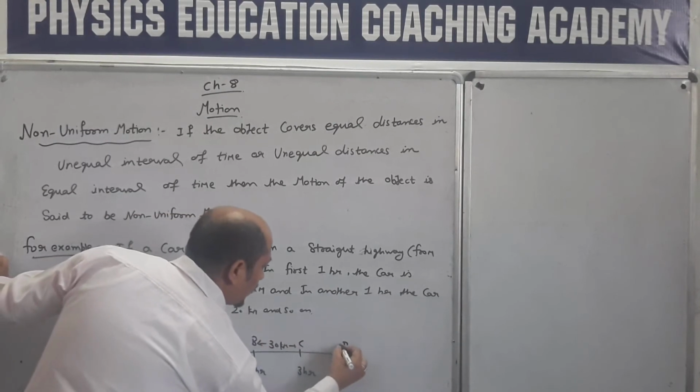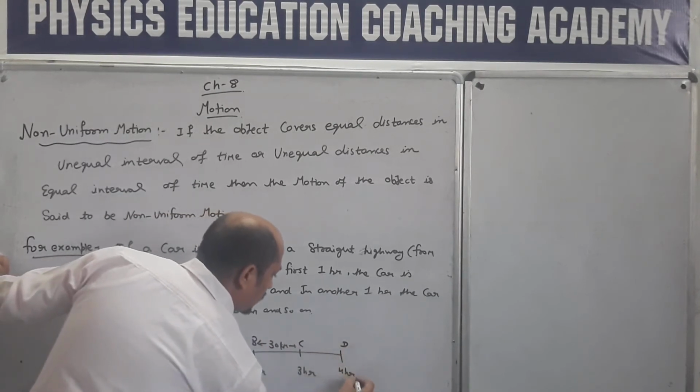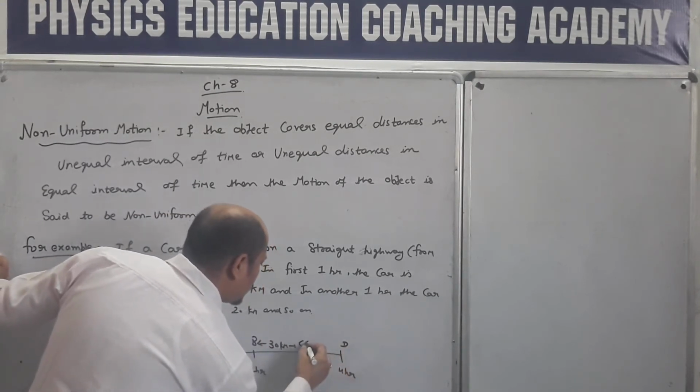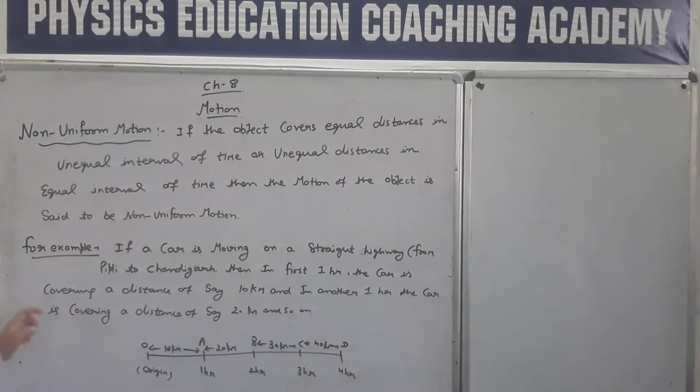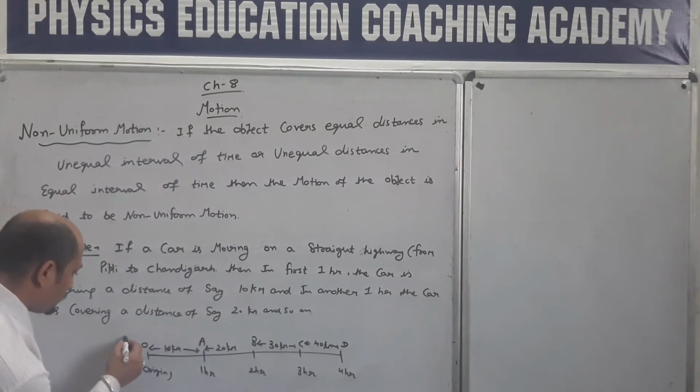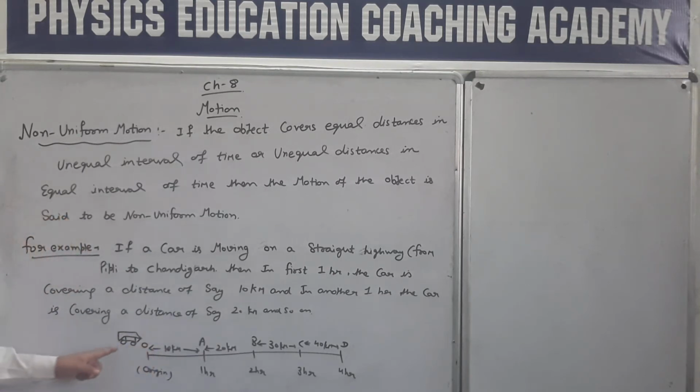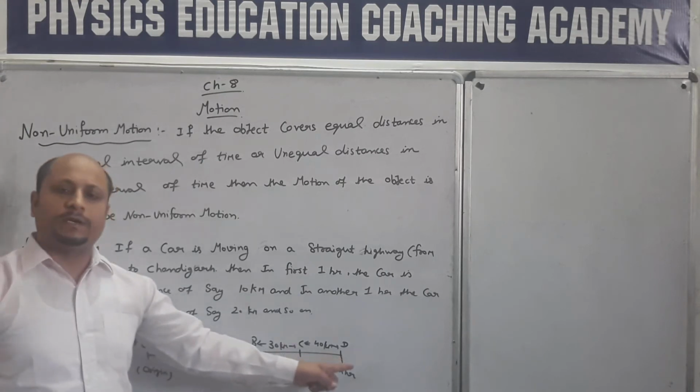And this is the point D, 4 hour, and the distance is say 40 kilometer. So students, is it clear from this diagram? This is the car which is moving on this straight road.